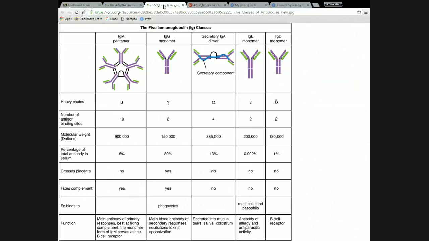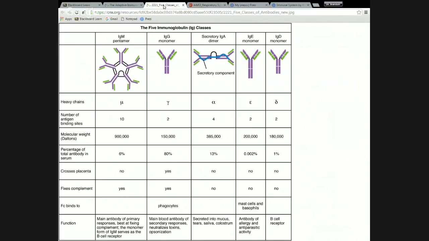So the most common type of antibody, according to this table, is the IgG. It's found primarily as a monomer, a single antibody in the kind of Y shape that we usually picture antibodies, meaning that it doesn't pair up or make larger assemblages with other antibodies. So usually when we think of antibodies, this is what we're thinking about.